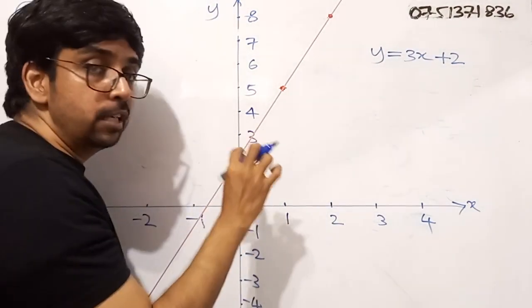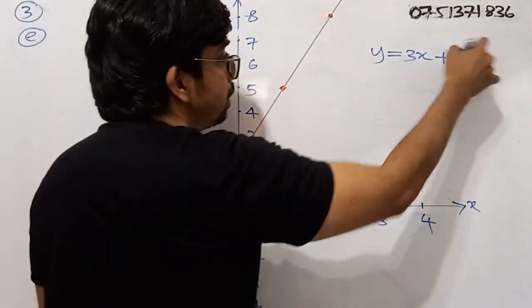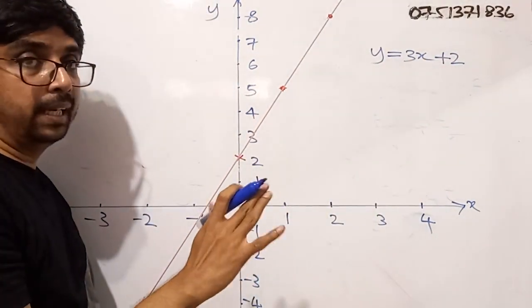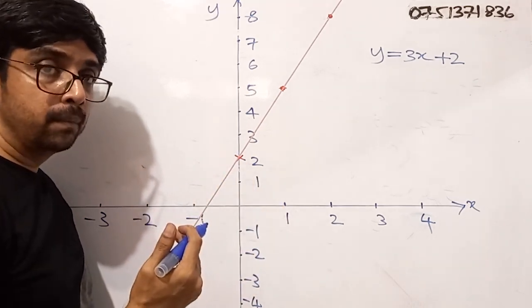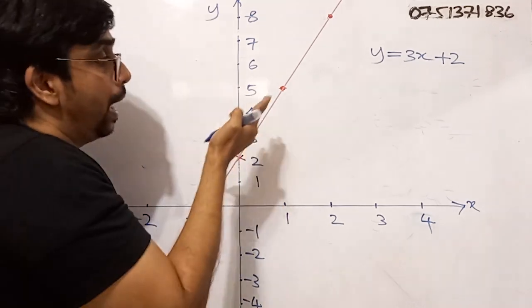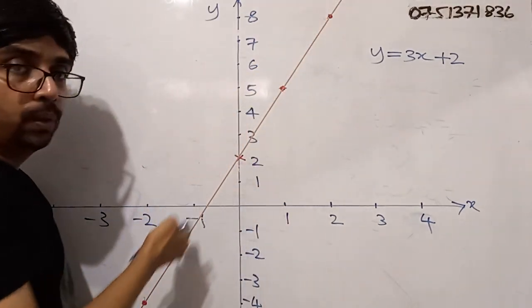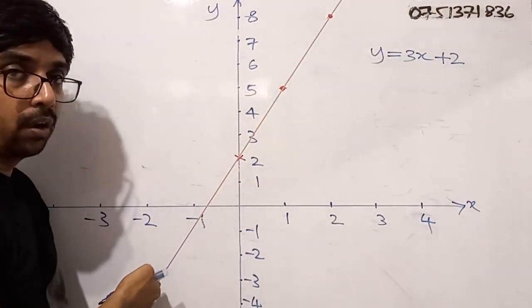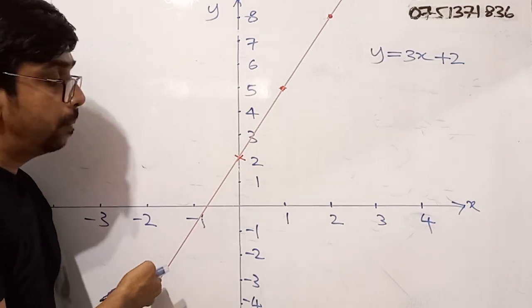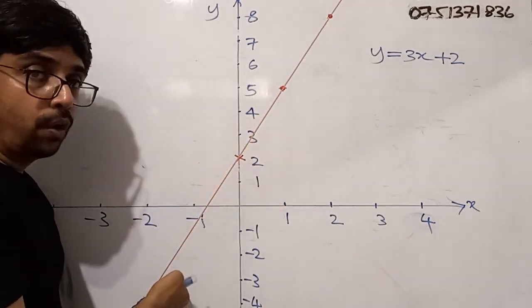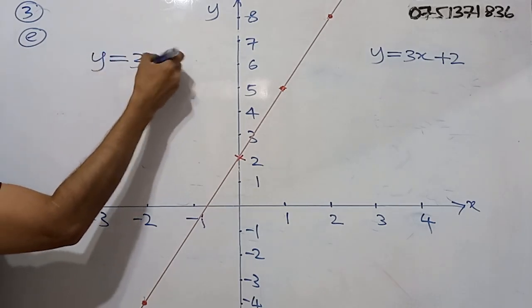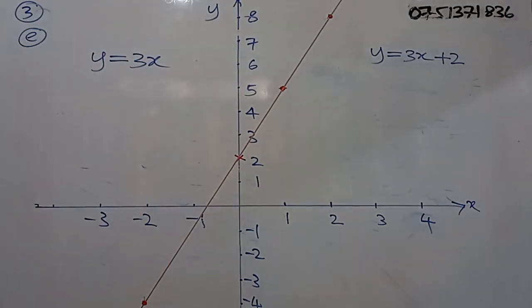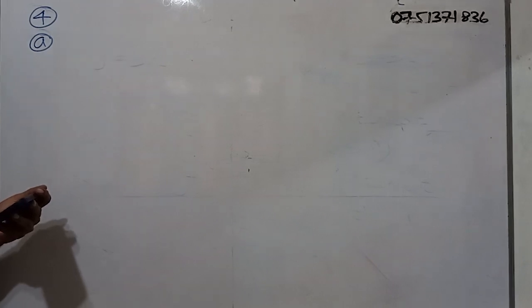The intercept doesn't matter, it can change. But there's a special condition: the other line has to be parallel to the one we have drawn, and it must pass through the origin. Then the equation should be y equals 3x.